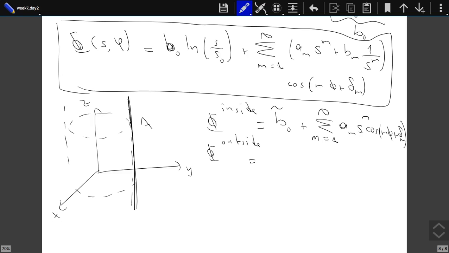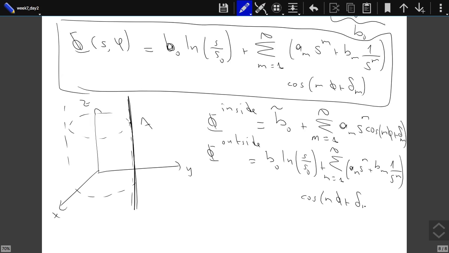So B0 logarithm of S over S0 plus m is equal to 1 to infinity am s to the m plus bm 1 over s to the power m times cosine m phi plus delta m. So these are our potentials inside and outside. Now I need to find these coefficients.